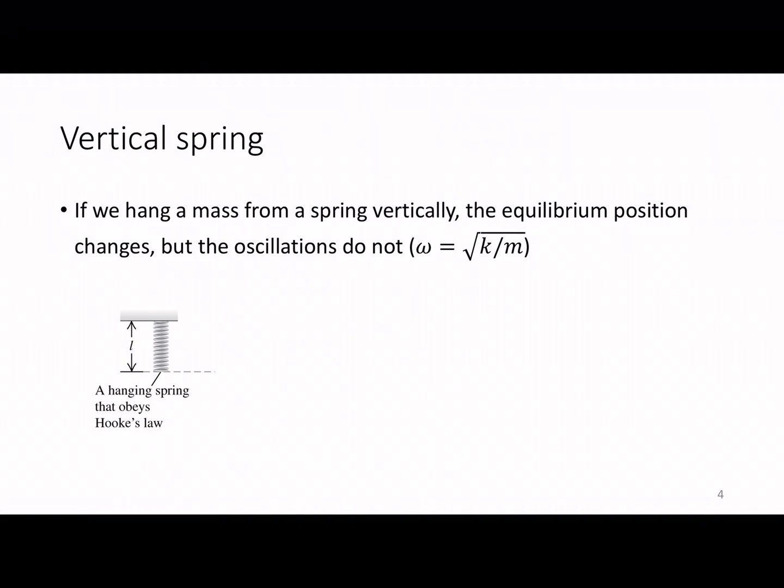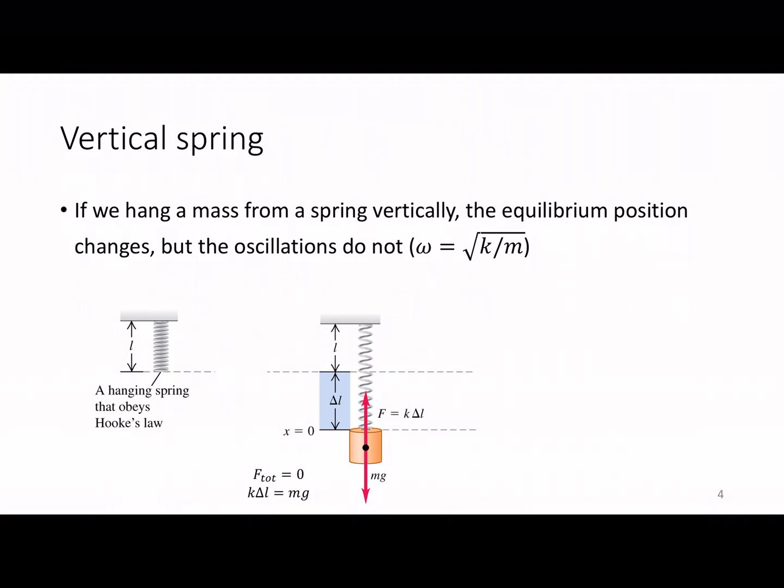Imagine I have a hanging spring that obeys Hooke's law, meaning it's an ideal spring, and its unstretched length is L. As you may remember, if I add a mass, it's going to stretch by some additional amount, delta L. And what's going to happen in equilibrium is that the force due to the spring, k delta L, is going to cancel out gravity, and I have k delta L is equal to mg. Good so far. So this is not oscillations, this is just the new equilibrium.